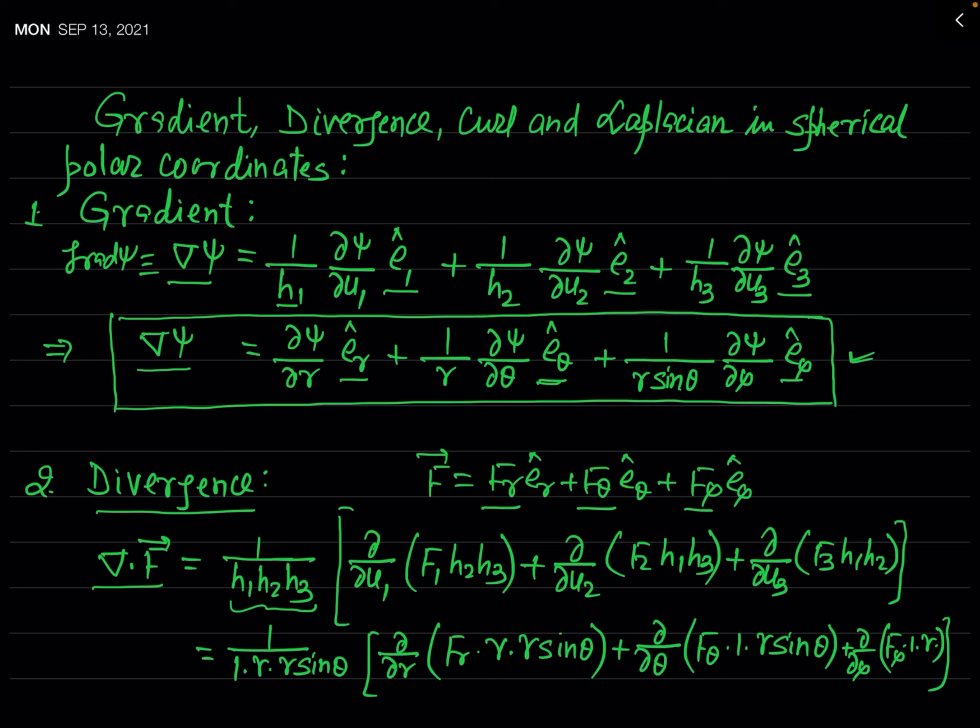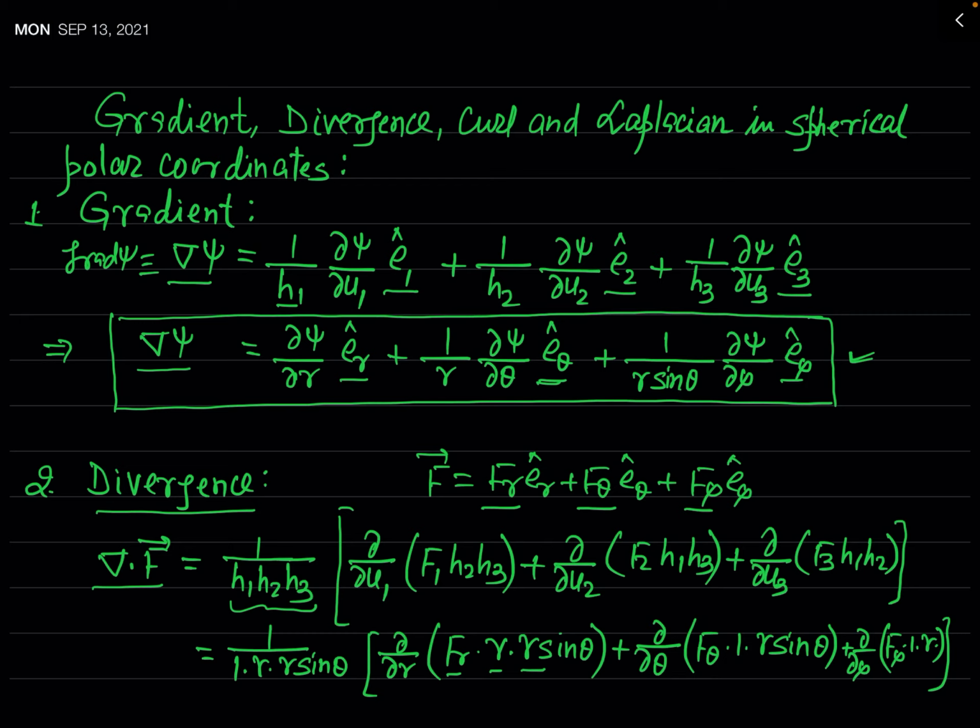So you can see what this will be. This will be 1 over h1 is 1, h2 is r and h3 is r sin theta. So this is 1 into r sin theta. And del del u1 will be written as del del r. f1 has been written as fr, and h2 is r, and h3 is r sin theta.